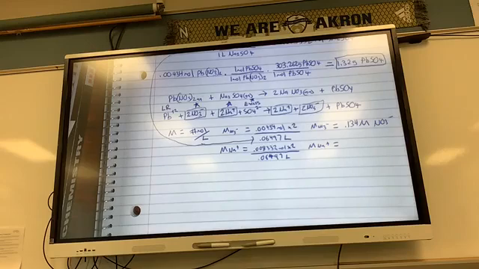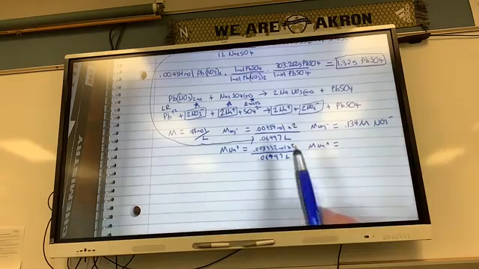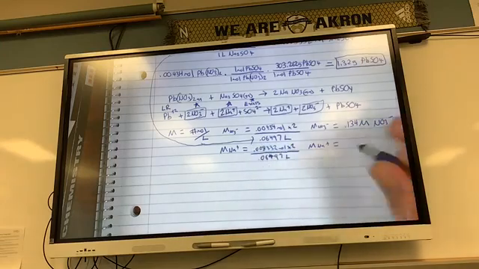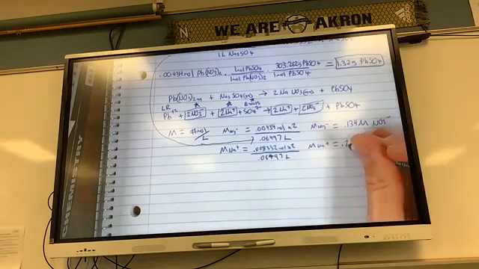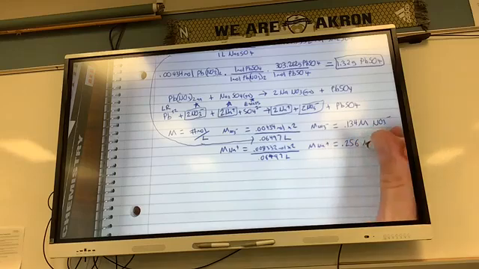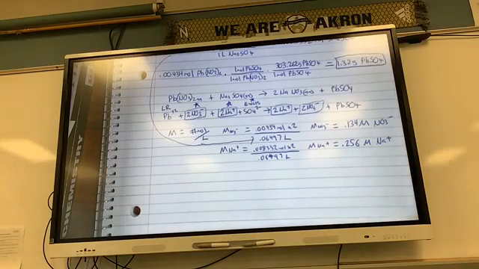That's not what I got. I got just 0.256. Check your work. Because if I have 0.008, 0.06, okay, 0.256 molar Na plus. So I have 2 out of 3 done.